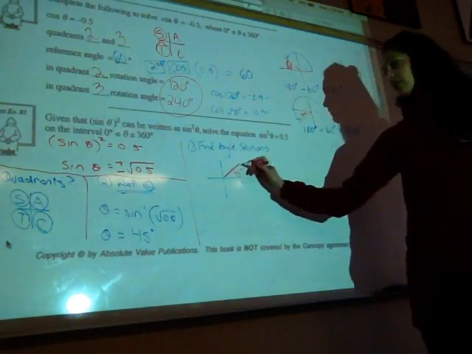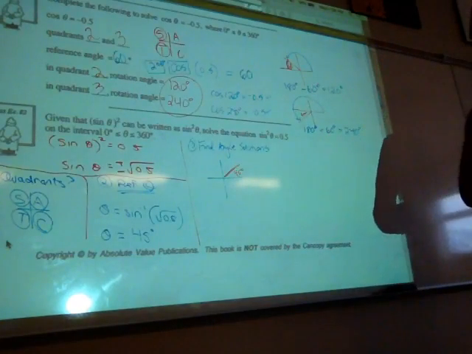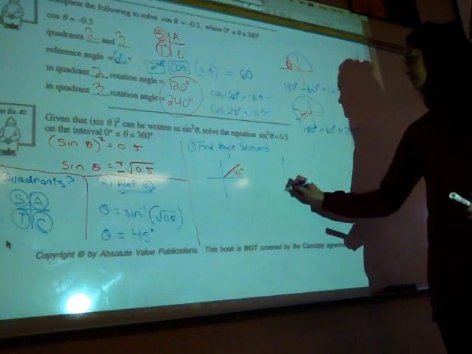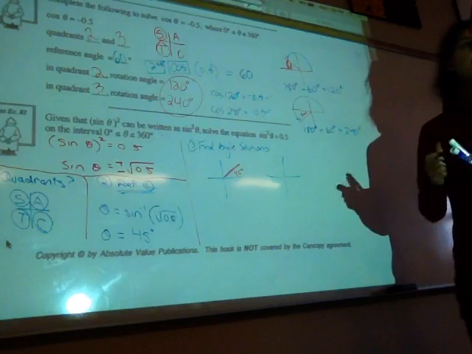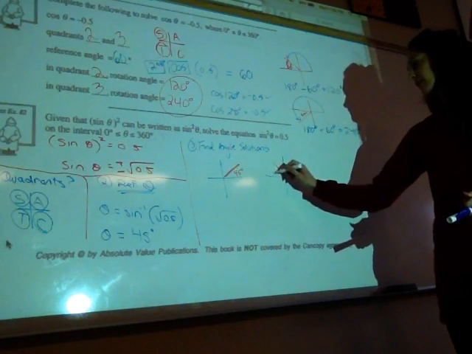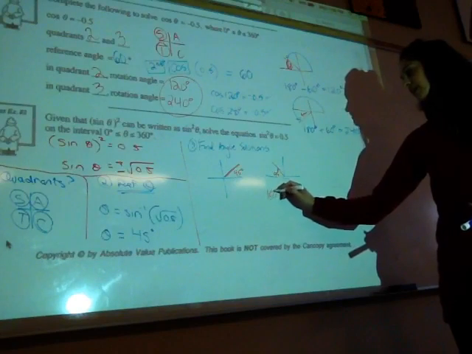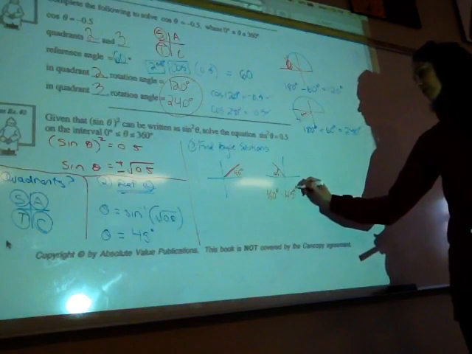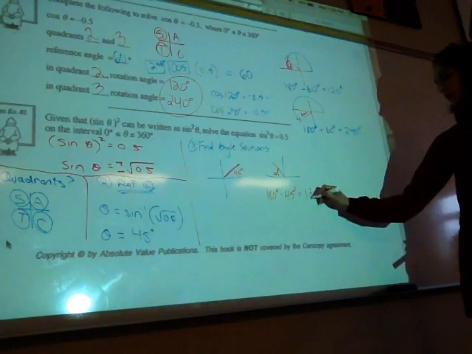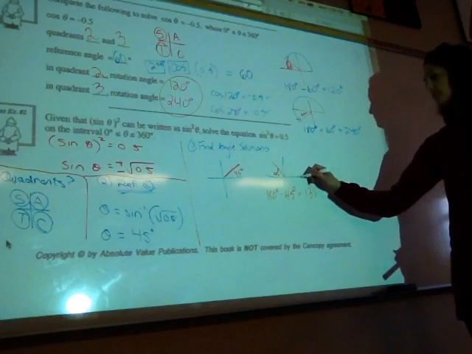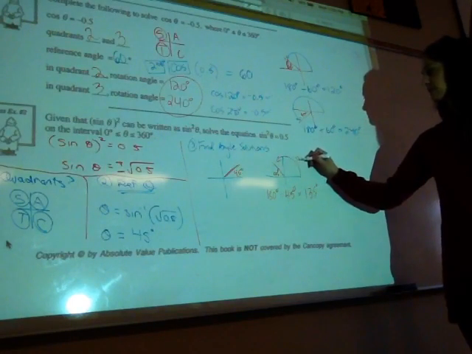It's equal. So 45 in quadrant 1, that's pretty easy. We didn't have to calculate much. In quadrant 2, if I apply my reference angle of 45 degrees, I would have to calculate 180 degrees minus 45 degrees. We get 135 degrees. That's the rotation angle.